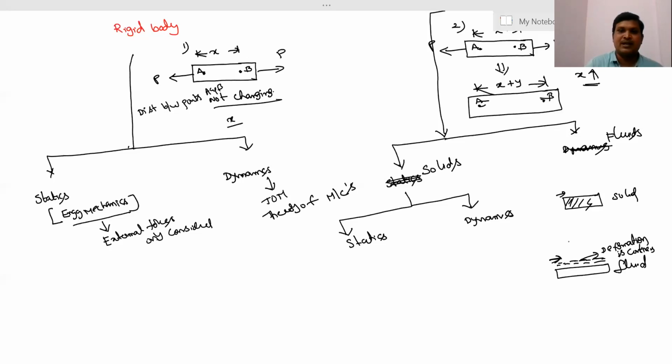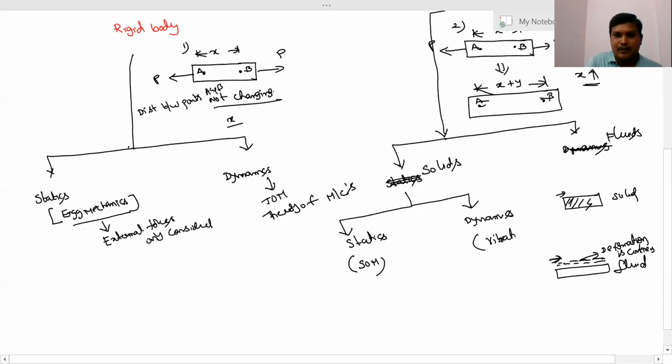That is called fluids. So coming to the solids, again we can classify it into statics as well as dynamics. The statics part we study in strength of materials, and the dynamics part we study in vibrations. Now we are in this topic, strength of materials.